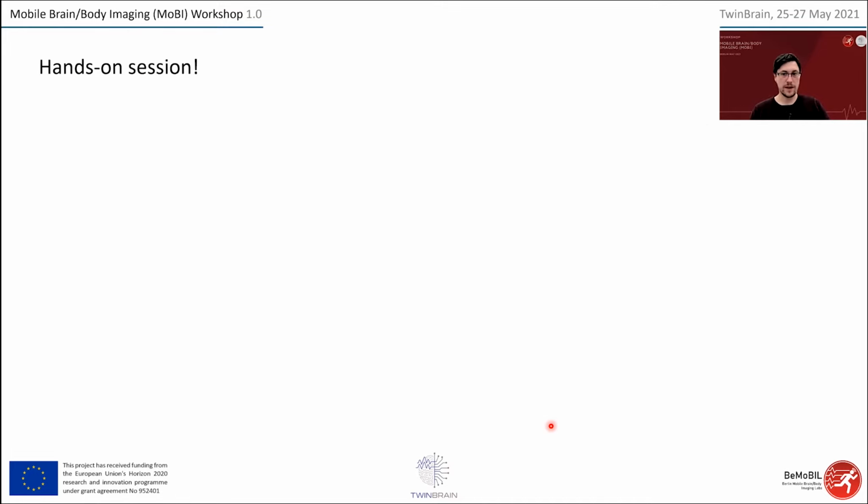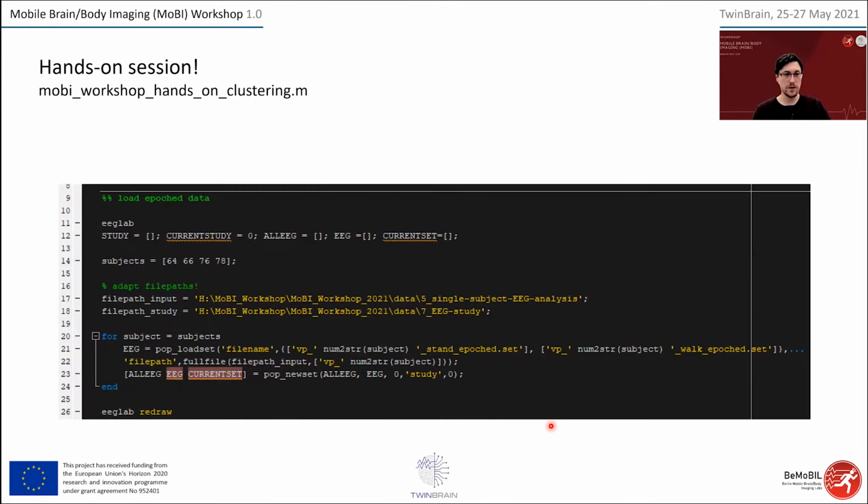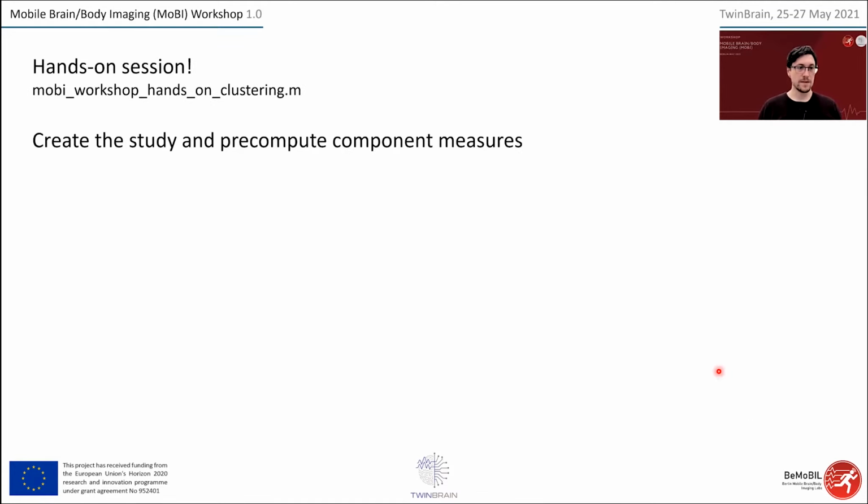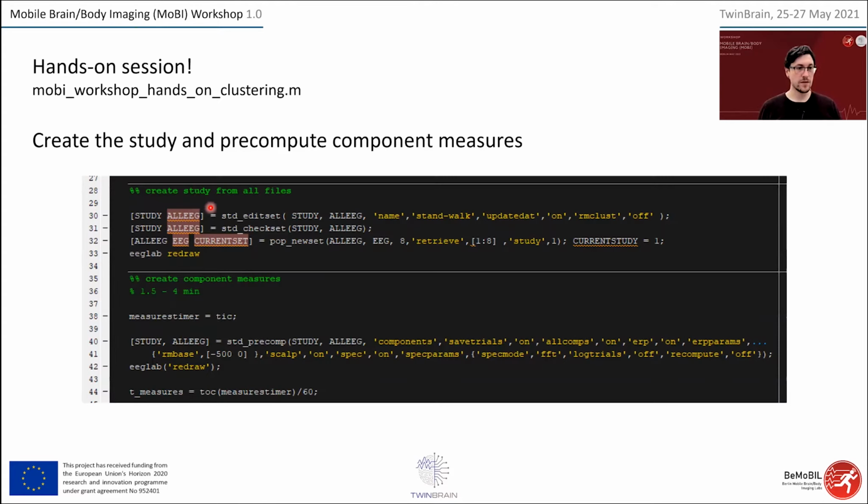Okay, so let's start with the hands-on session. If you want to, you can just load the data here. Again, you need to adapt the file path, and then you can just load all the data sets. This is still only the epoch data sets, both standing and walking. The section afterwards is creating the study, lines of code 28 and subsequent.